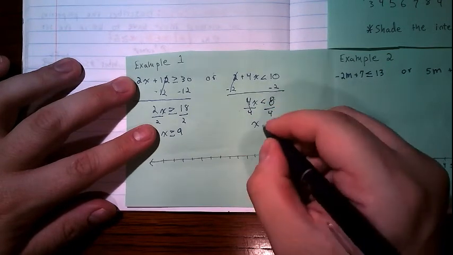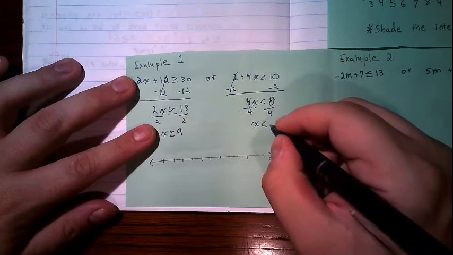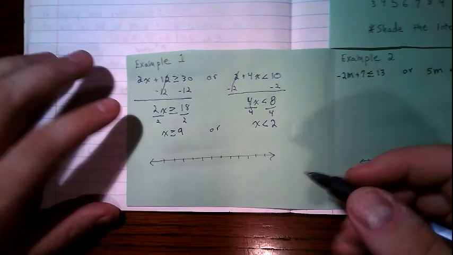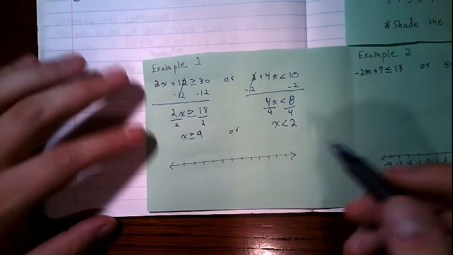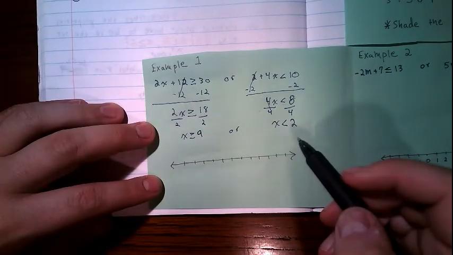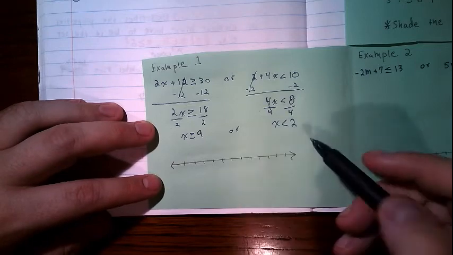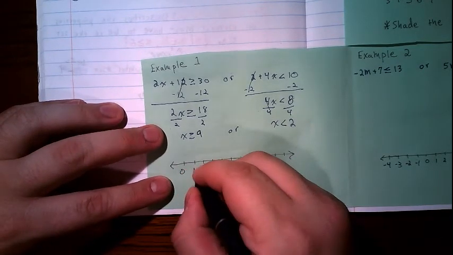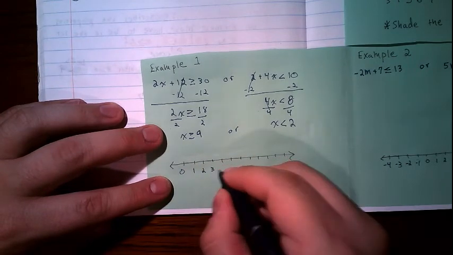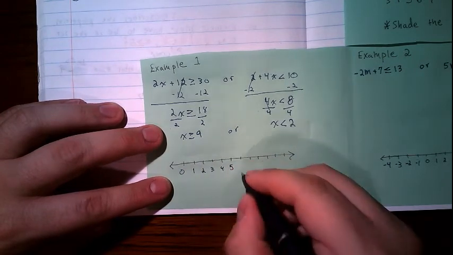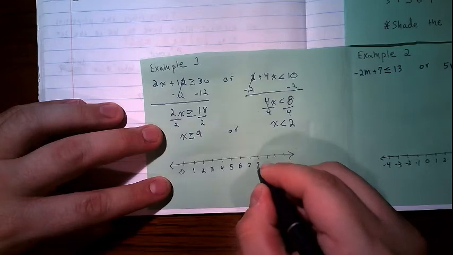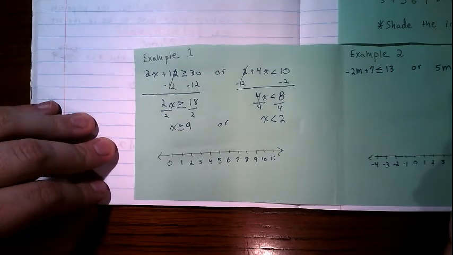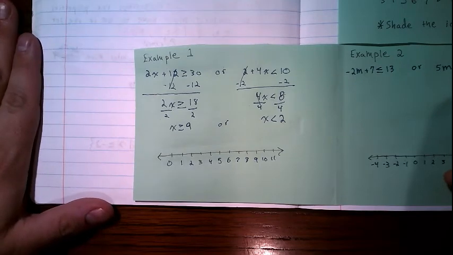And x is less than 8 divided by 4, which is 2. So I'm going to graph each of those. So I've got to show both 2 and 9 on my number line. So if we start at, say, 0, 1, 2, 3, 4, 5, 6, 7, 8, 9, 10, and 11. So there's my number line.